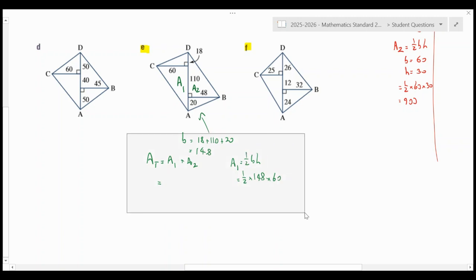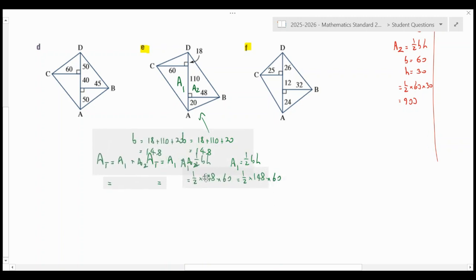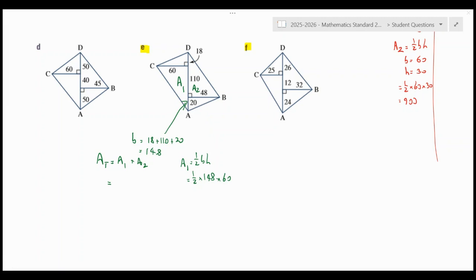Sorry, I'm just going to drag all that over a bit so that I can keep out of the way of question F when we're doing that. So half 148 times 60. So if I chuck that in, this calculator doesn't believe me when I type things in, it is 4,440 for that particular side.